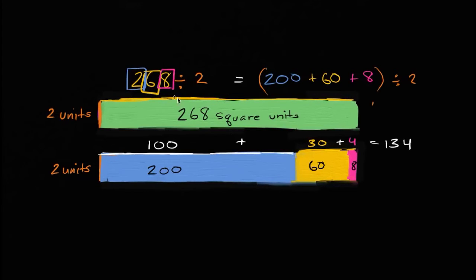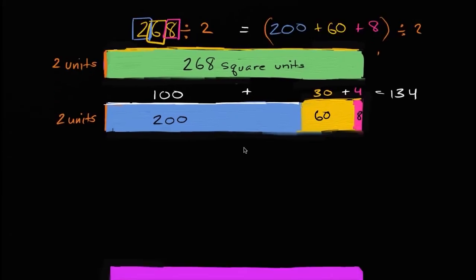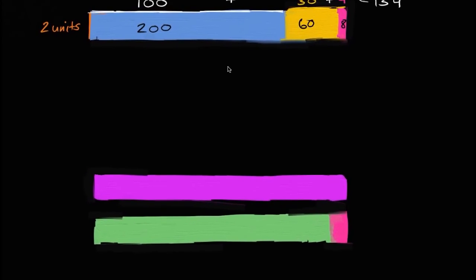We broke up the area, and then we took each of those areas and we divided it by 2 to find that part of the length. And when you add them all together, you get the entire length. Now, that's just one way to do it, where you take each of the place values and you break up your field or your rectangle like that. But you could do it other ways. You don't always have to break it up that much.